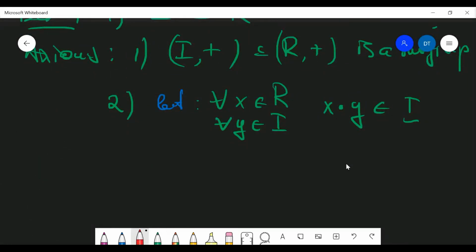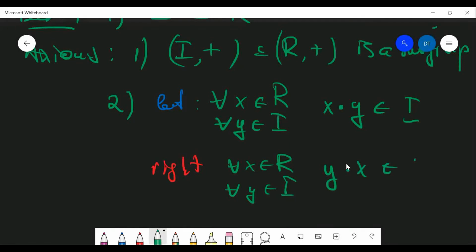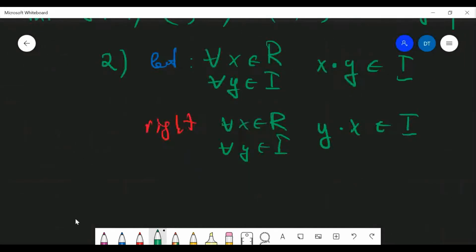So the definition of a right ideal is similar: for every element x of the ring and every element y of I, the product y times x is inside the ideal I. So if you multiply on the right by any element of the ring, you will stay inside the ideal.